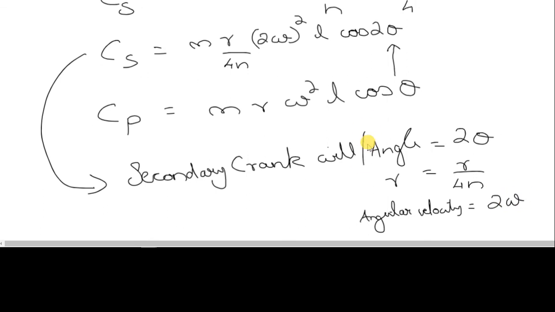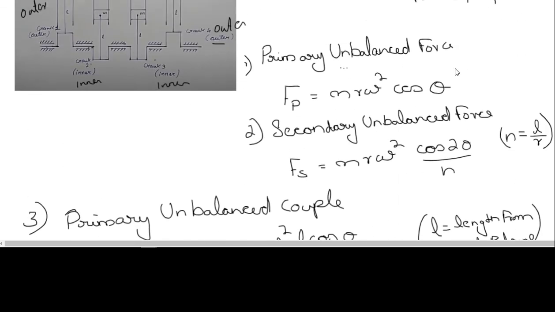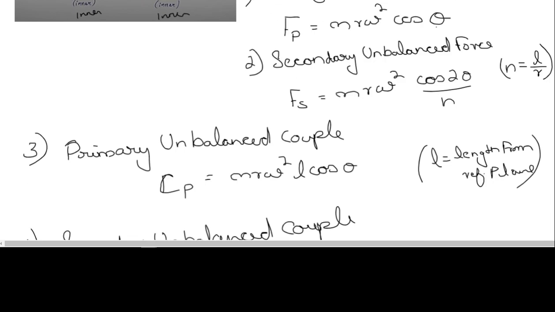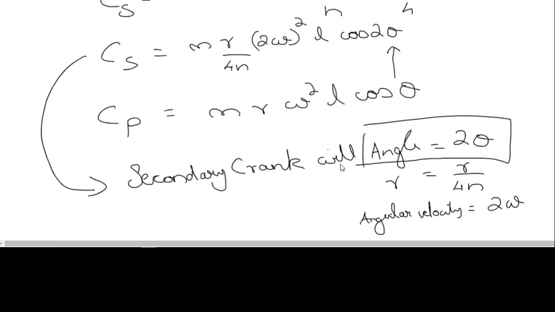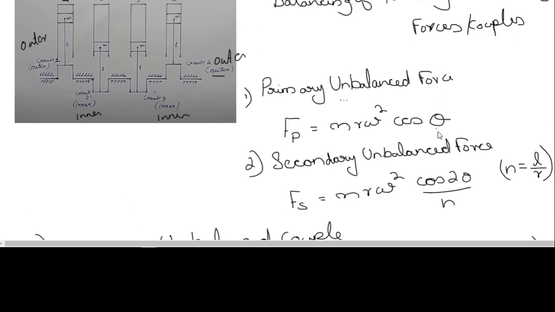This is the most important for us, because when we draw the primary force polygon, we will take theta, that will be given in the numericals. But when you draw the secondary force polygon, you should take the same values of forces, but you should draw the polygon with a double angle.